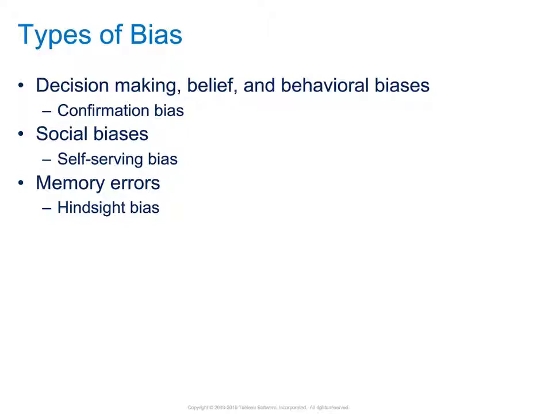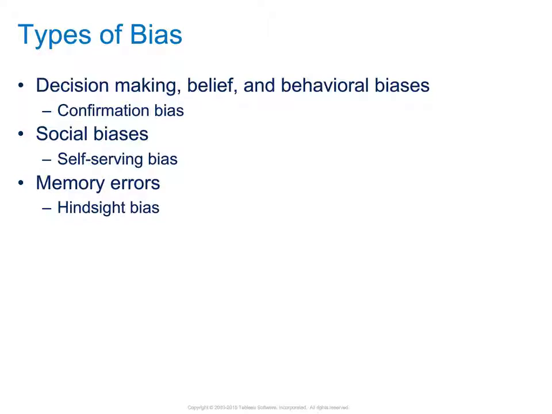And then there are also memory errors that occur. Hindsight bias is an example, where we do not take into account that something was less likely to happen in the past. When we look back, we believe that it was more likely to happen.